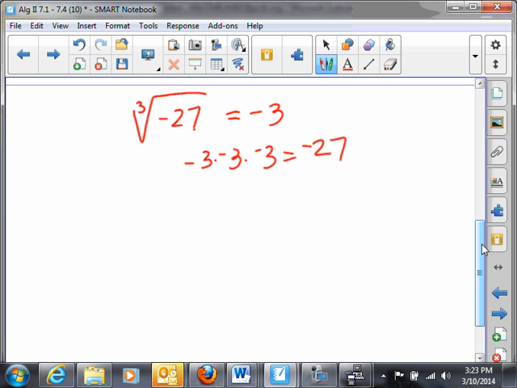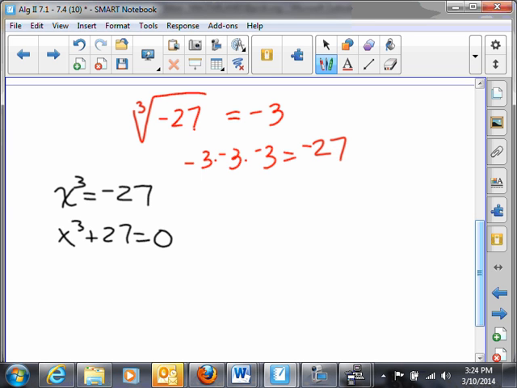Well, let's write an equation. x cubed equals negative 27. In other words, can you see that when we use x as a factor 3 times, we're getting negative 27? So this equation is the one that has the cube root of negative 27 as a solution. If we solve it using the techniques that we've already learned, we could write this as x cubed plus 27 equals 0.